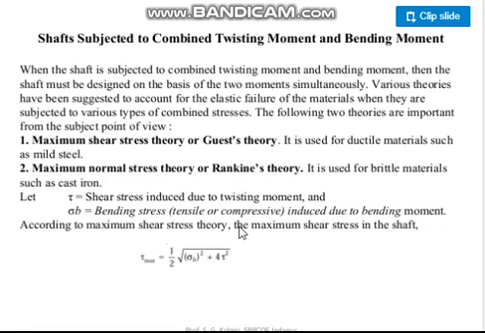Tau is the shear stress induced due to the twisting moment. Sigma b is the bending stress induced due to the bending moment. So, according to the shear stress theory, tau maximum is half of square root of sigma b square plus 4 tau square.